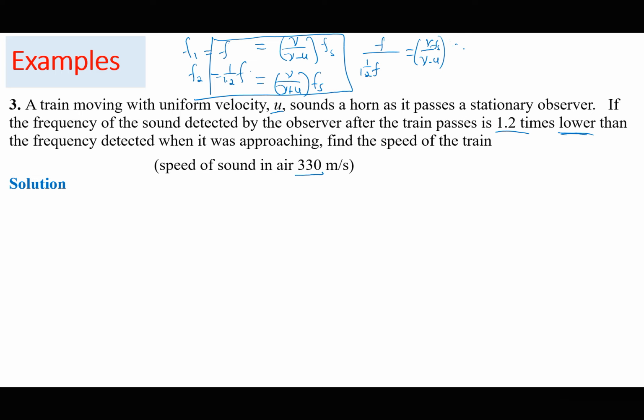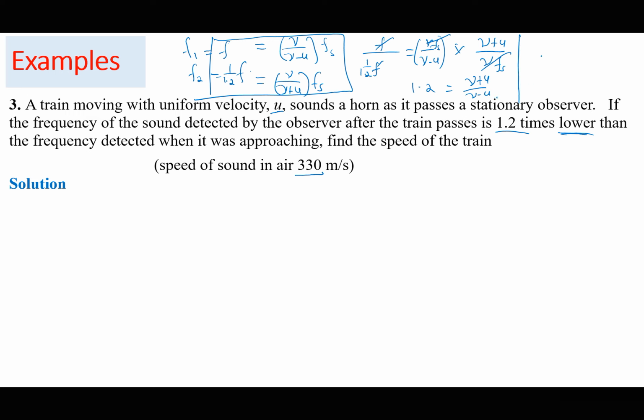Then when I divide by, I'll get the reciprocal, which is going to be V plus U divided by V times Fs. So V Fs cancels out and F also cancels out. So I remain with 1.2 equals V plus U divided by V minus U.